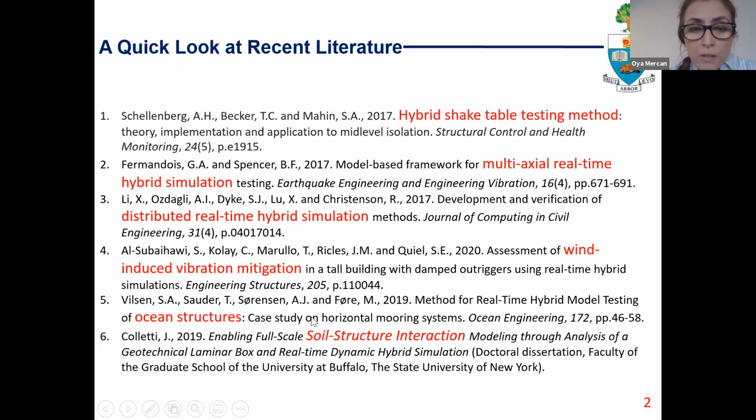In the fifth one, we can see the application of real-time hybrid simulation to ocean structures that considers wave loading. And the sixth one is a recent study that uses a laminar box to do real-time hybrid simulation to investigate soil structure interaction. By no means is this a complete list, but we can see the active research area for both the implementation and the application of this testing method.